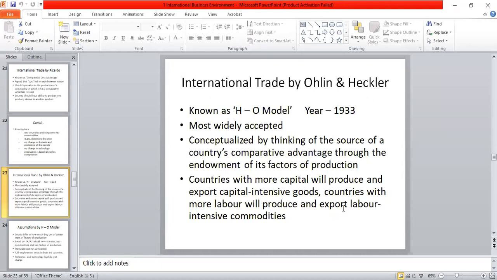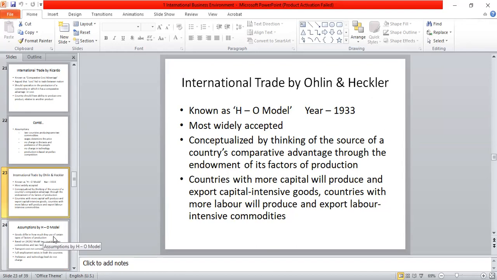China, correct. China is known for labor intensive because they have a huge population. Even India is also known for labor intensive commodities. So we are at number 2 and China is number 1. These two countries, China and India, are basically for labor intensive commodities. This is our specialty as well.